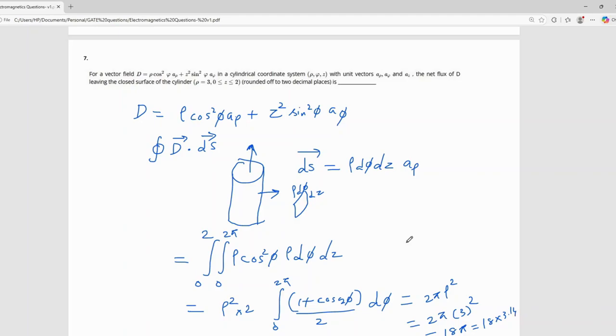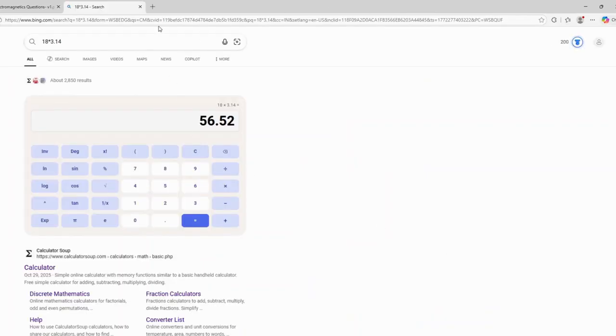If I calculate it, 18 into 3.14 is 56.5.